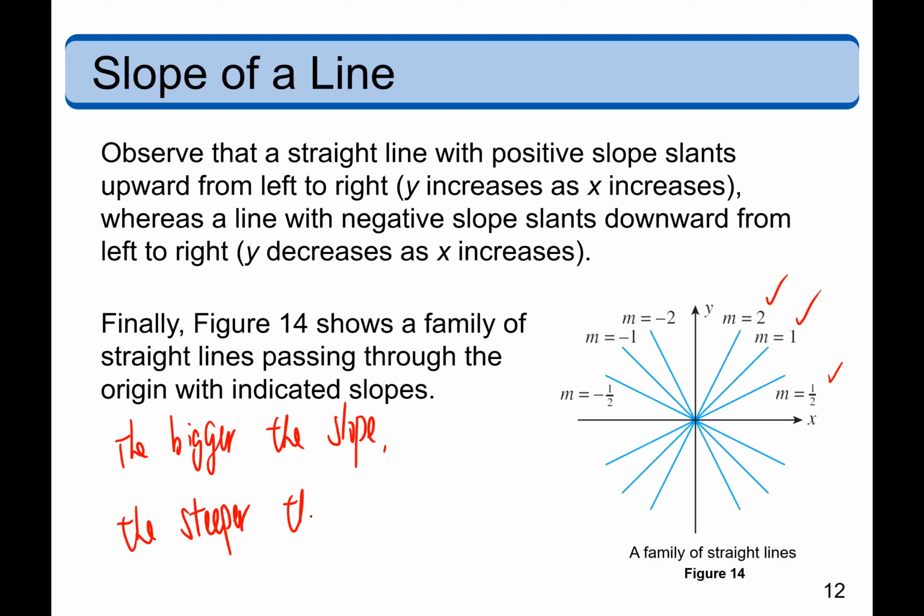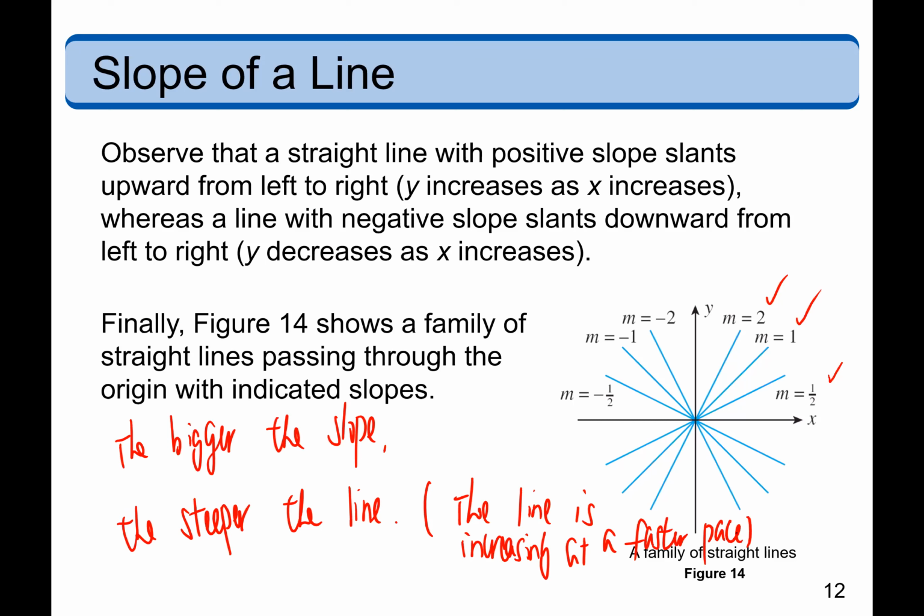It's increasing faster, so the line is increasing at a faster pace. Okay, so this is the positive side, and now let's take a look at the negative side.